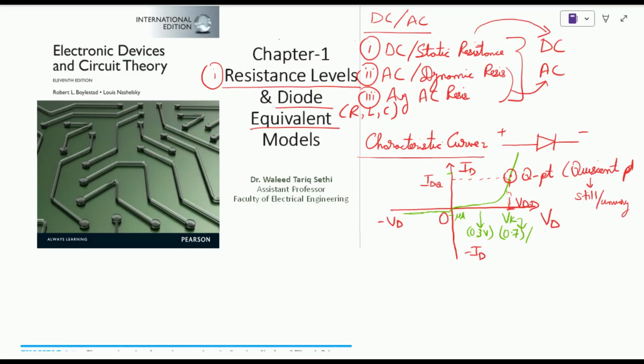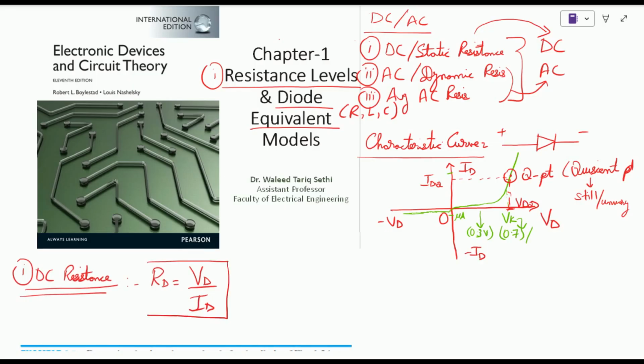So once we figure out where the Q point is appearing due to the applied voltage, we can say what is going to be the resistance level for the diode in any given circuit. If we talk about the first type of diode resistance, which is the DC resistance, we can find it using the famous Ohm's law equation, where the resistance R_D is the ratio of V_D over I_D.